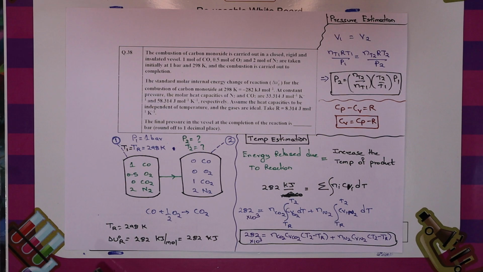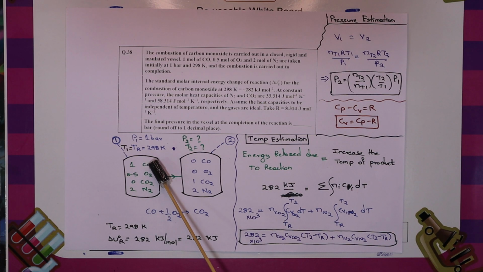And what are the given data? The reference temperature, that means the state 1 temperature T1 is 298 Kelvin, which is also the reference state. You can see the internal energy change of the reaction, that means because of this particular reaction, the change in internal energy is 282 kilojoule per mole of CO getting reacted.